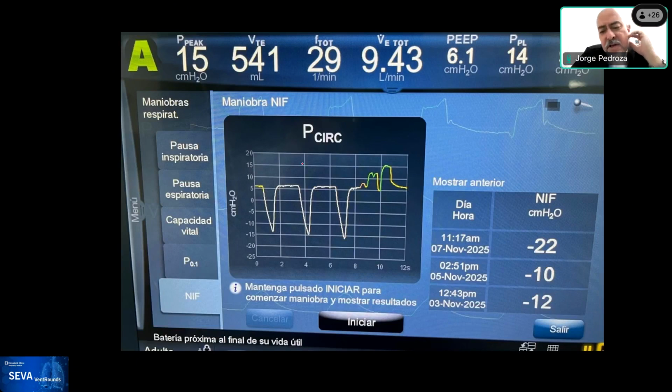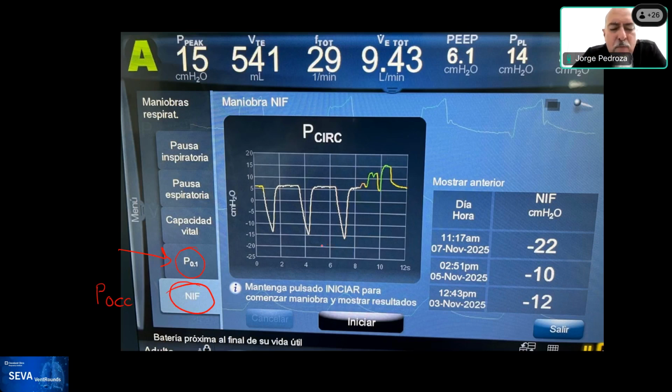Well, on this ventilator, if you want to measure respiratory drive and respiratory effort, we can measure P0.1 for respiratory drive. And to measure PMI, we have to use the NIF, the negative inspiratory force.